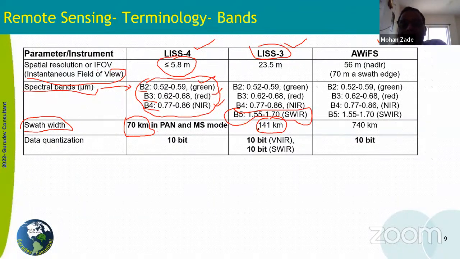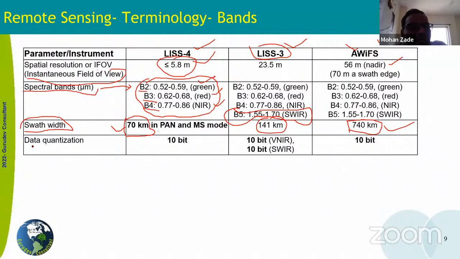So one tile image consists of 140 kilometer by 140 kilometer, and AWiFS is 740 kilometer by 740 kilometer. If you make a relationship between spatial resolution and swath, the lower the spatial resolution, the less swath width you have. And if you have a higher spatial resolution, 56 meter, you will have higher swath width, so it can cover more area.